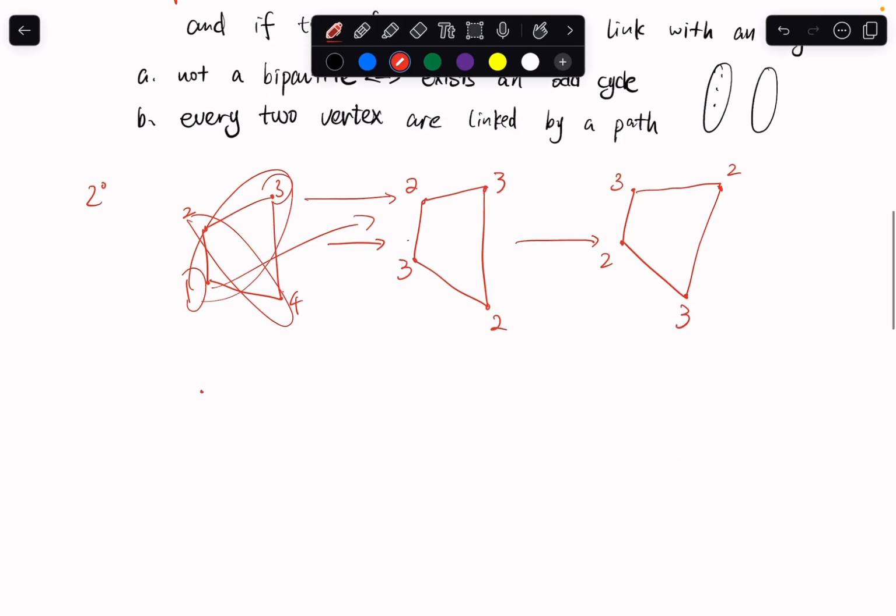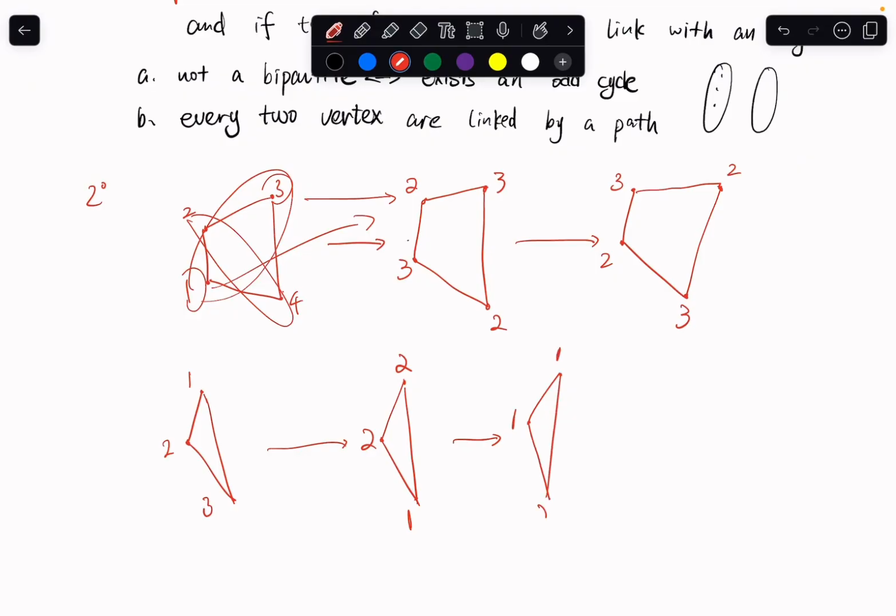So let me make a right example like this, 2, 3, and this then turns to: 2 plus 3 is 5, the average is 2.5, so the integer part is 2, and this is 2, and this is 1, and then it turns to 1, 1, 2, and then it turns to 1, 1, 1. So it is okay.